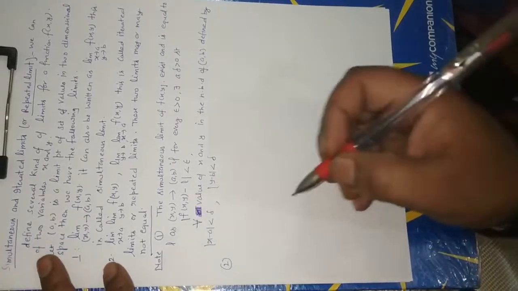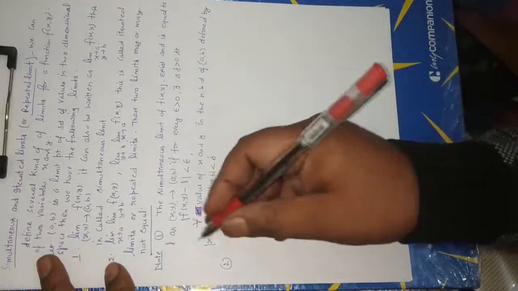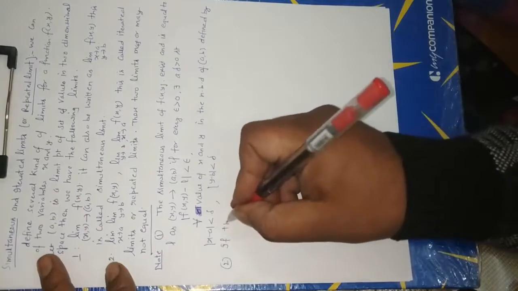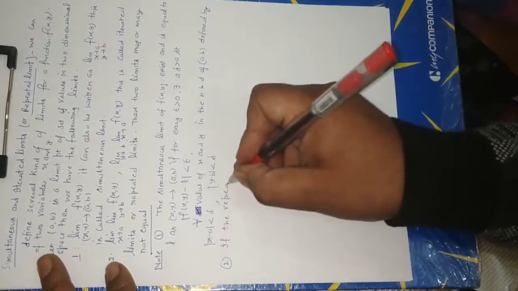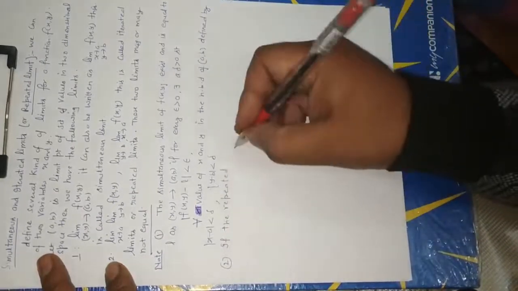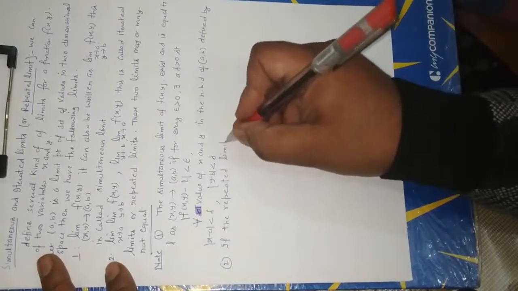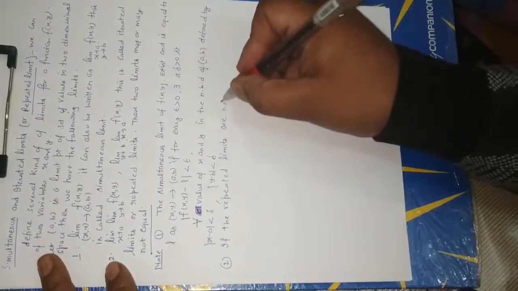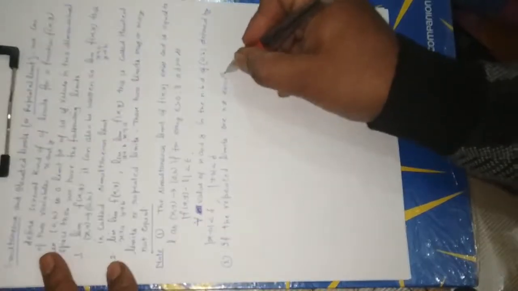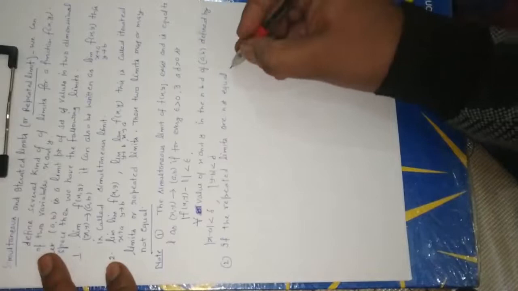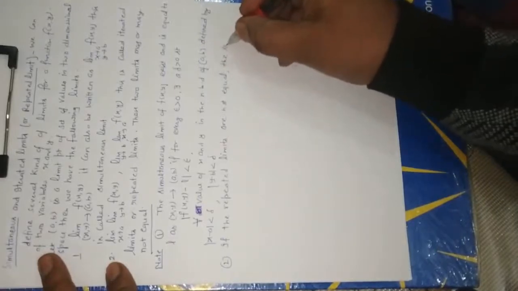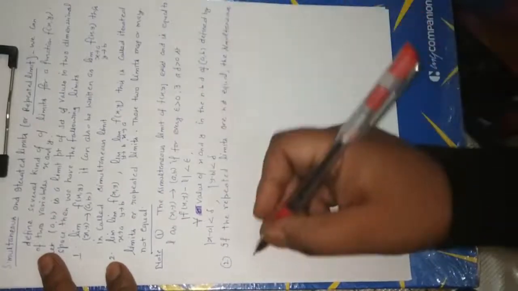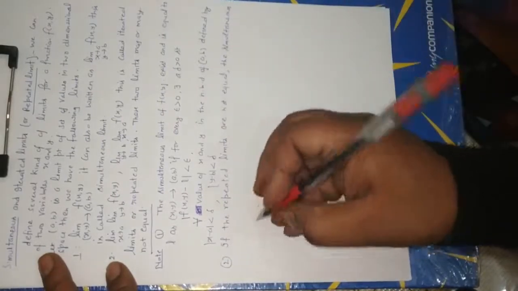Now second note: if the repeated limits are not equal, the simultaneous limit cannot exist.